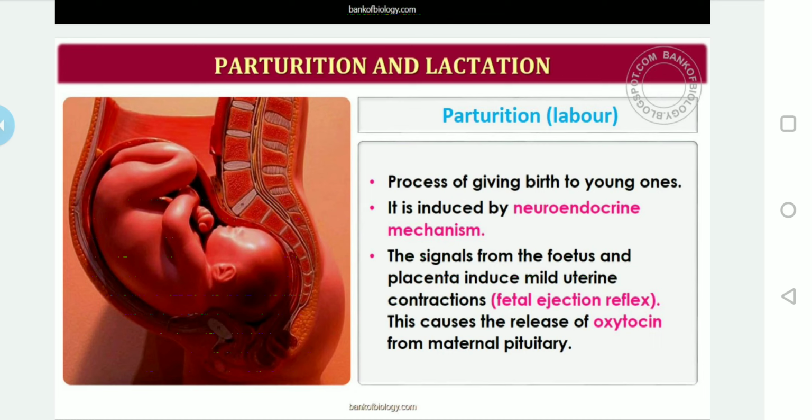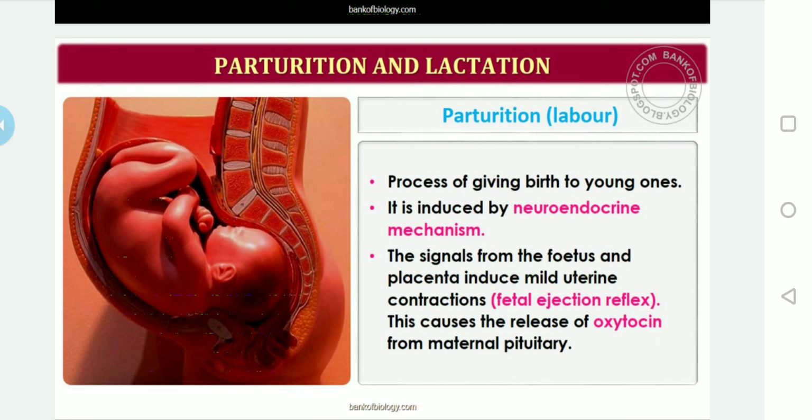After the end of the 9 months of the pregnancy, the vigorous contraction of the uterus at the end of the pregnancy causes expulsion or delivery of the fetus. So this is commonly known as childbirth, or we can also call parturition.